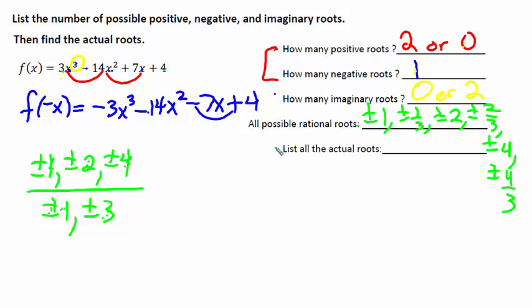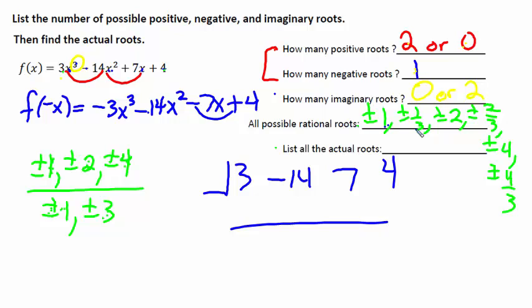The last part where it says to list the actual rational roots, well, to do that, you can start plugging the possible roots in to the function and seeing which one gives you a 0 remainder. So I'm going to set up a synthetic division or a synthetic substitution problem. And I'm going to start trying numbers in this list.